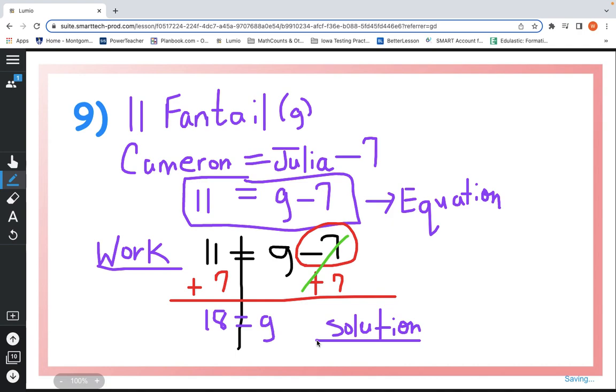It says determine the number of fantail goldfish that Julia has. So Julia has 18 fantail goldfish.